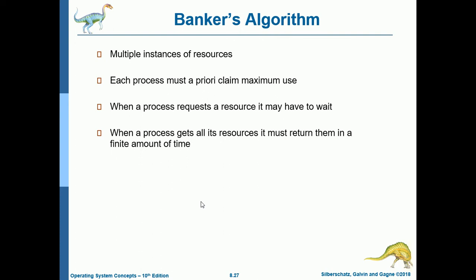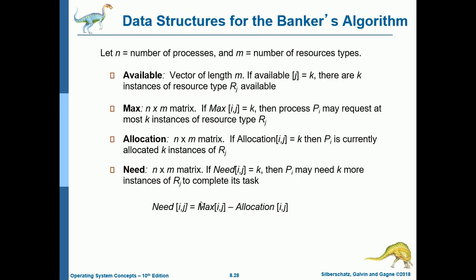When a process gets all its resources, it must return them in a finite amount of time. So why is it called the banker's algorithm? Because it's like you're borrowing the resource, and the resource is like money. You're going to borrow and then you're going to return it after a finite amount of time.